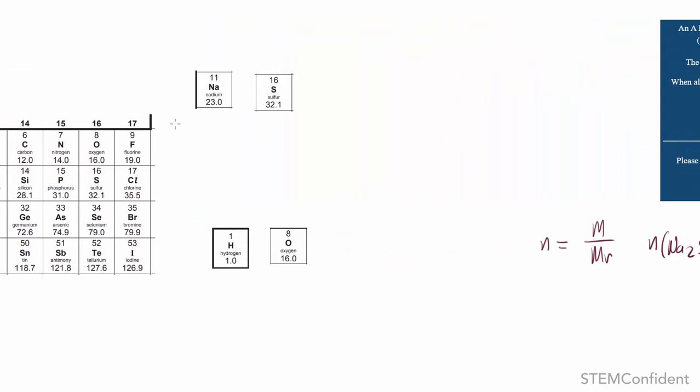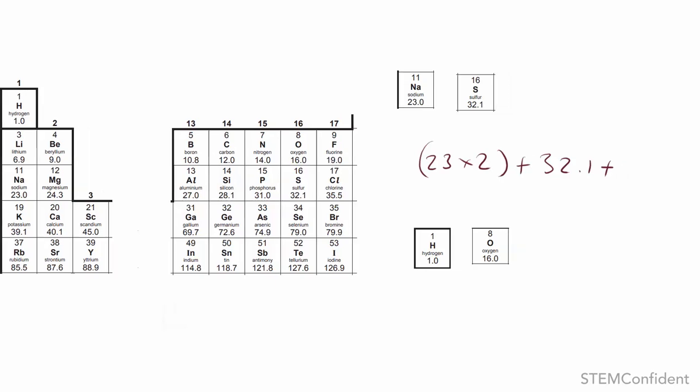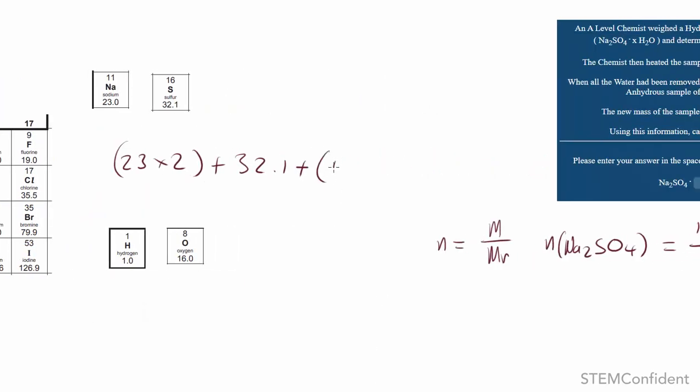So Na2, that's effectively 23 times 2, plus S, so 32.1, and then plus the O4 component, which is effectively 4 times 16, okay?